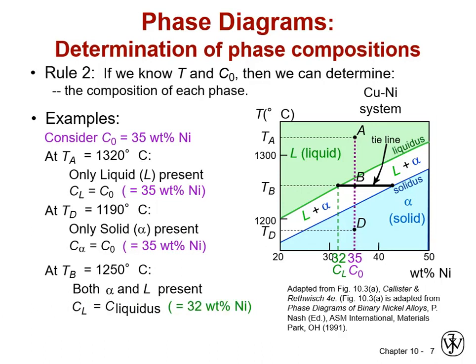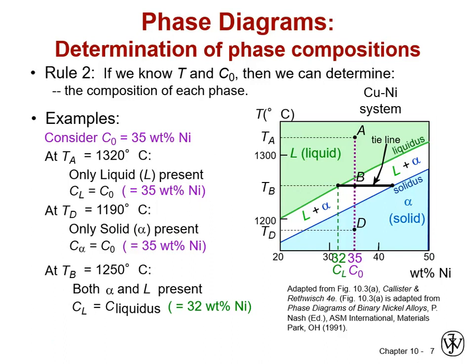So we look over on the left-hand side of our heavy black isothermal tie line, and we notice it touches the liquidus, the boundary between the two-phase region and the liquid region, and the composition corresponding to that touch point is 32 weight % nickel. So that's the composition of the liquid present for a 35 average overall weight % nickel alloy at 1250 degrees C.